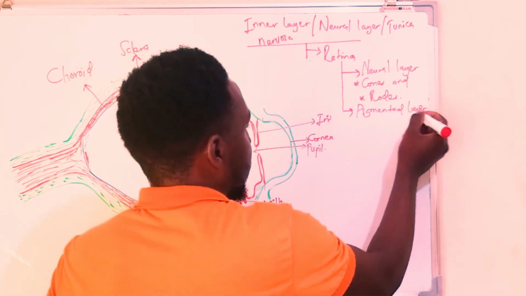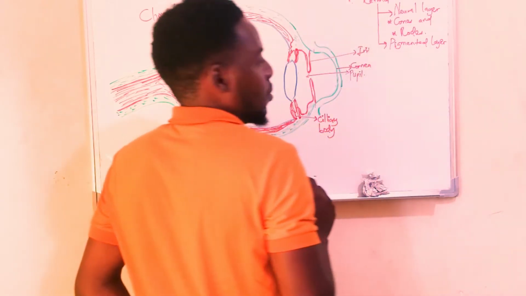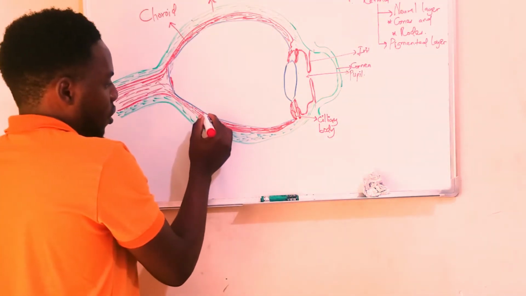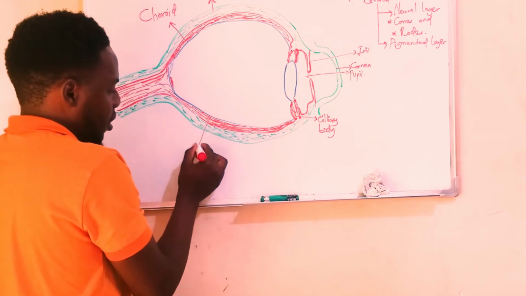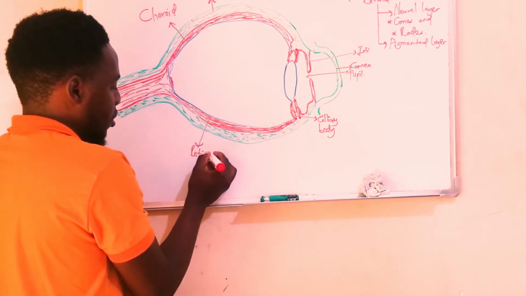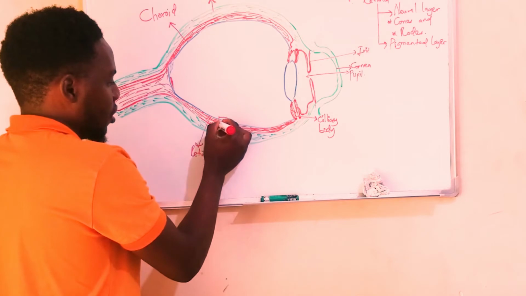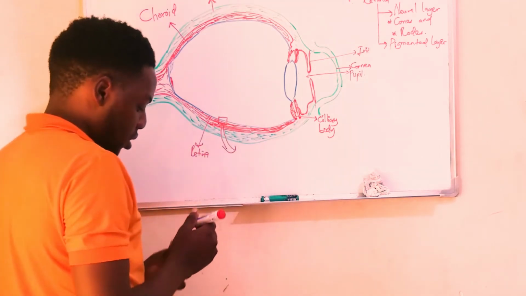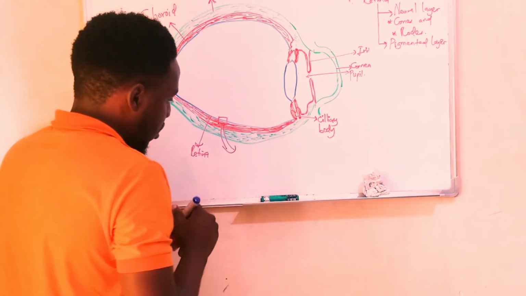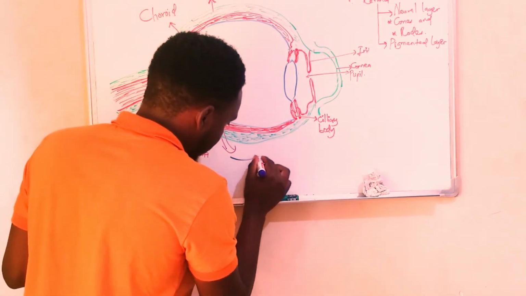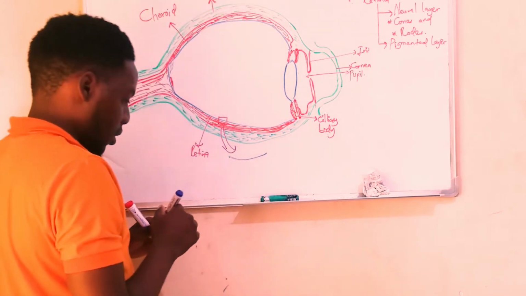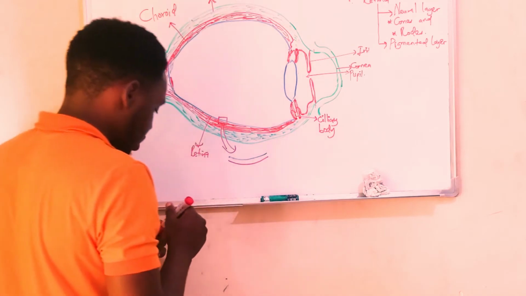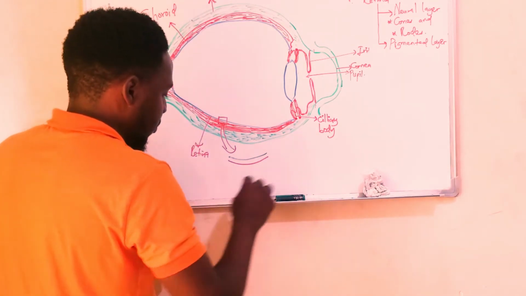We're also going to look at this in more detail. The retina will have its own video. If I just show here where the retina is, this blue part here is the retina. Now if I were to zoom in here, the retina will have this layer here, then another layer beneath that, then my choroid.